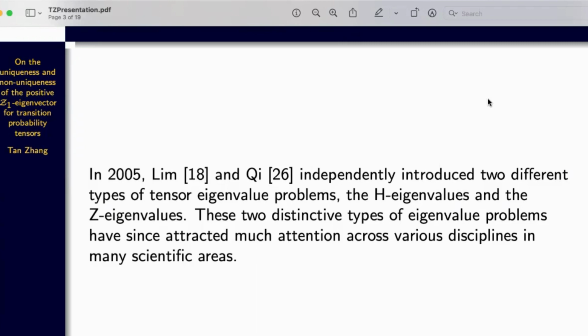They are the H eigenvalues and the Z eigenvalues. These two distinct types of eigenvalue problems have since attracted much attention from many areas of sciences.